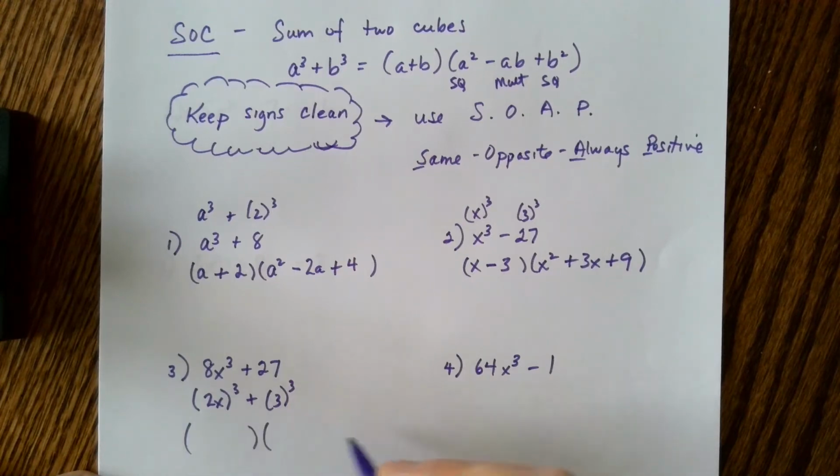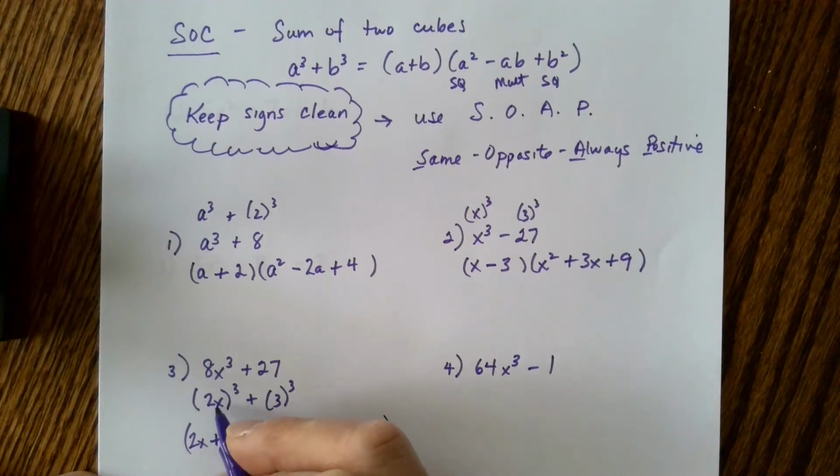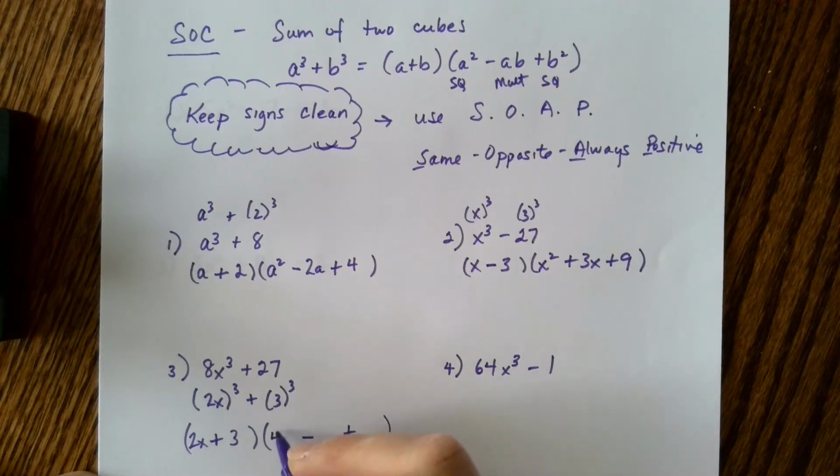This just helps with my factoring. Again, with my signs, it's the same, opposite, always positive. So now it's 2x and 3. Now why is that? Because 2x to the third power is 8x to the third. Okay. Now I'm going to square, multiply, and square.